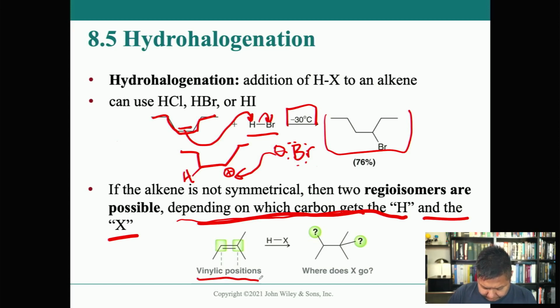This is just showing you where they're going to be adding, where the green parts are. So it's asking you, where are the X's going to go, here or here?